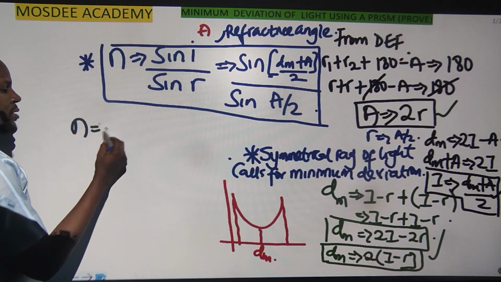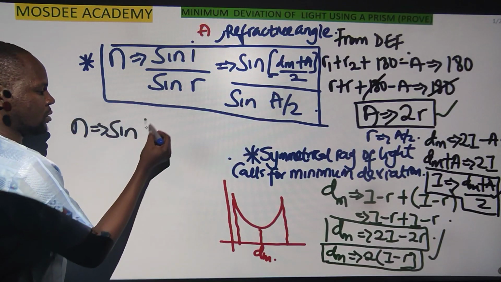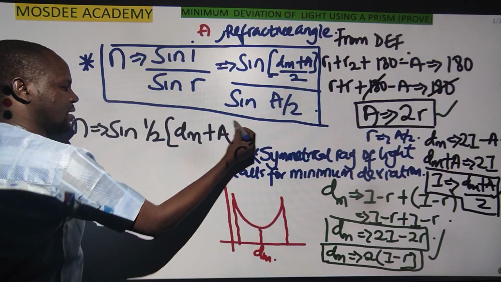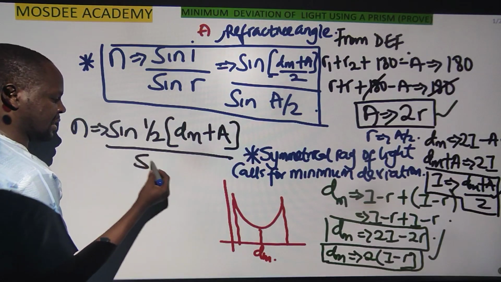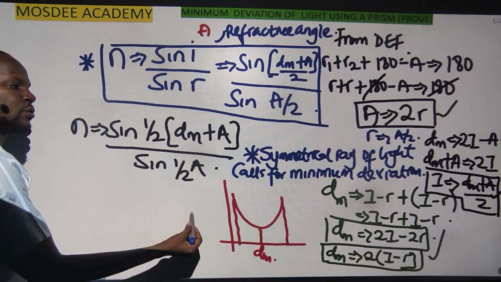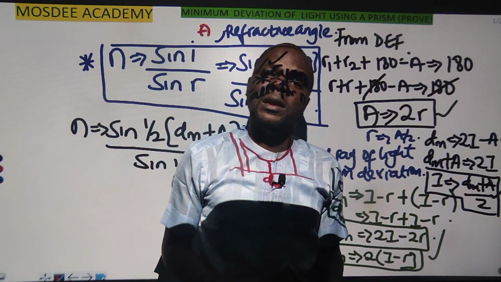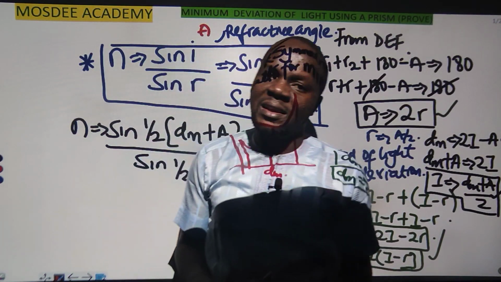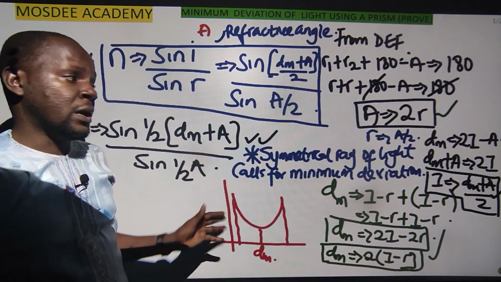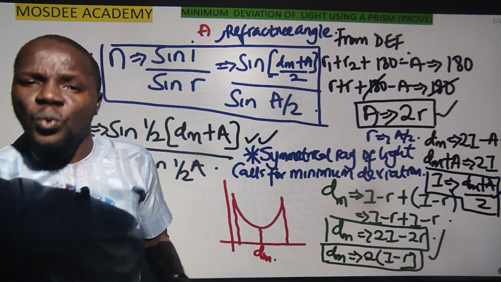N equals to sine half dm plus A all over sine half A, instead of writing A over 2. 1 over 2 is the same thing as A over 2. And this is what we wanted to derive. And luckily, we were able to derive it. And this is exactly the formula you have to keep in mind for any level, either O level or A level student. All this generalization of formulas is important for quick solution.